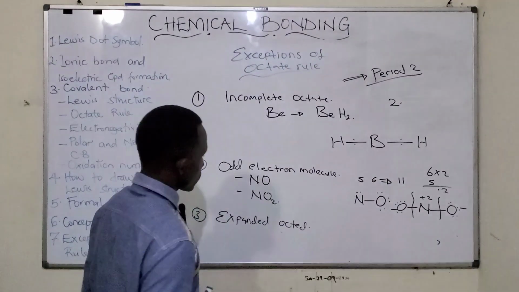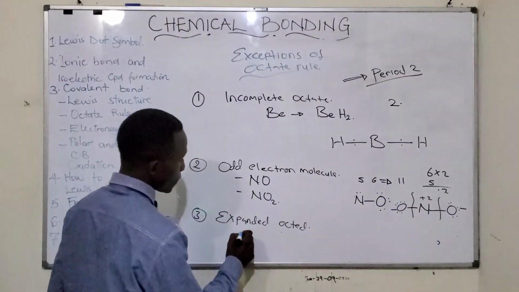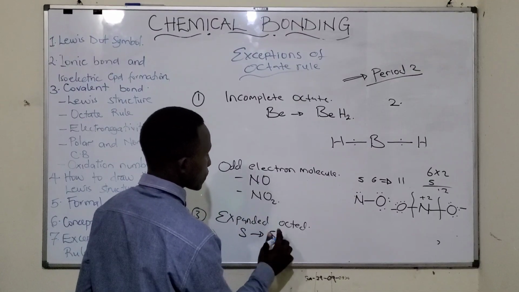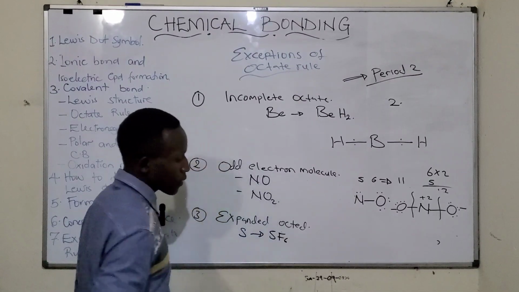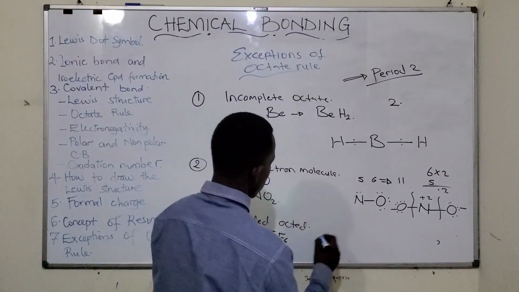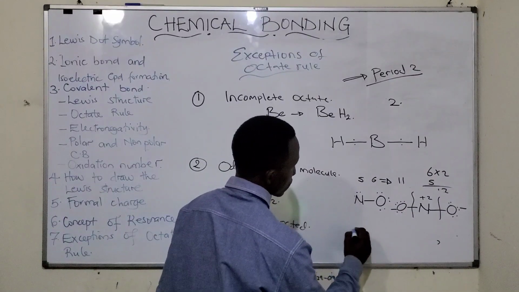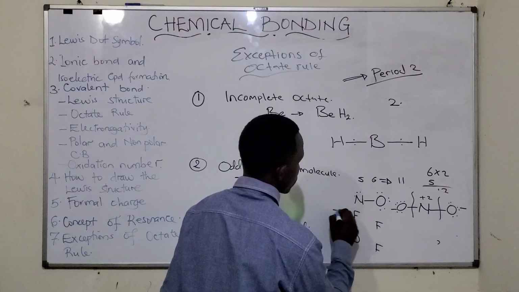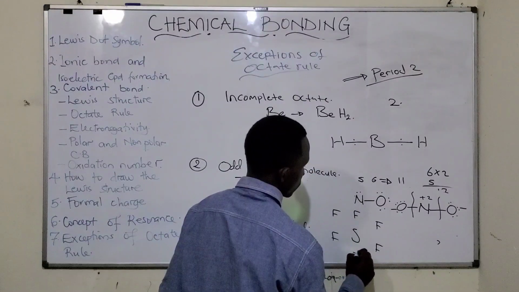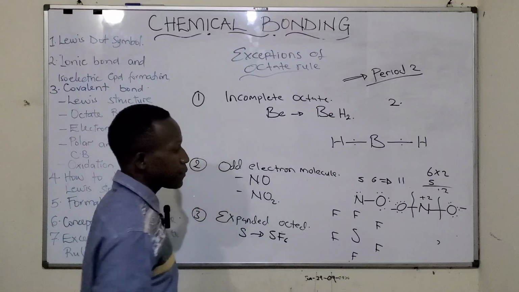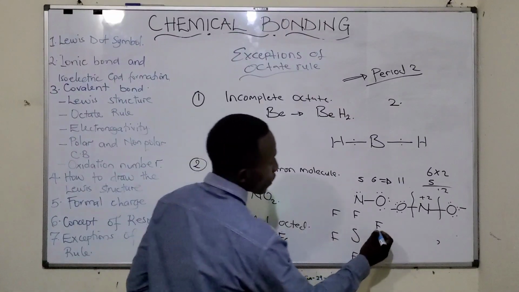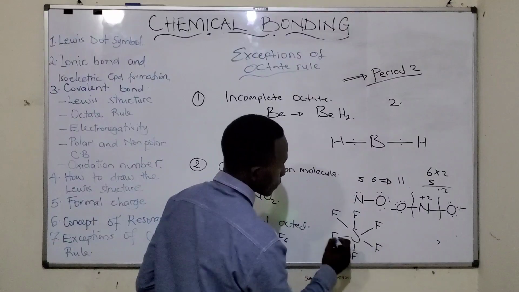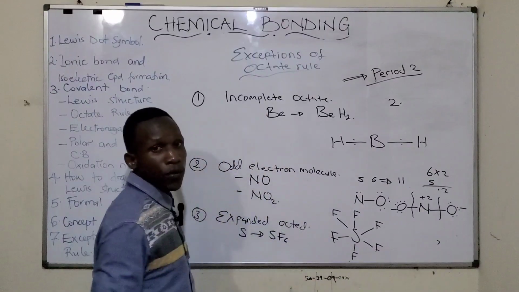For expanded octets, an example is sulfur. For example, in sulfur hexafluoride, sulfur is surrounded by 6 fluorine atoms. So we have 1, 2, 3, 4, 5, 6. Then we draw bonds connecting these atoms.